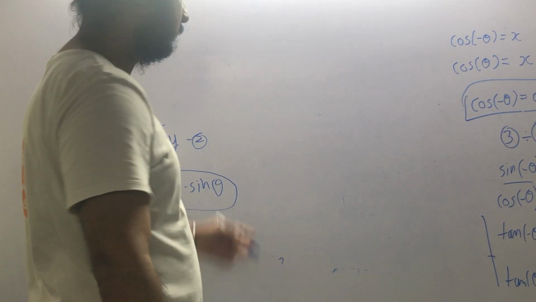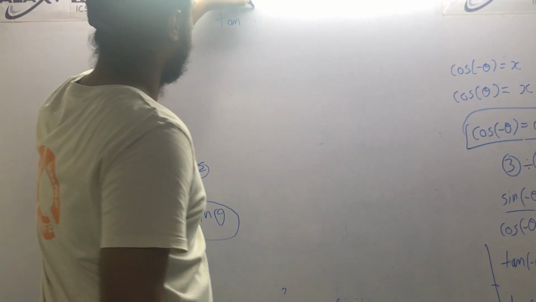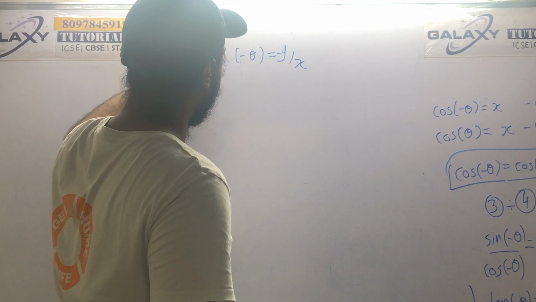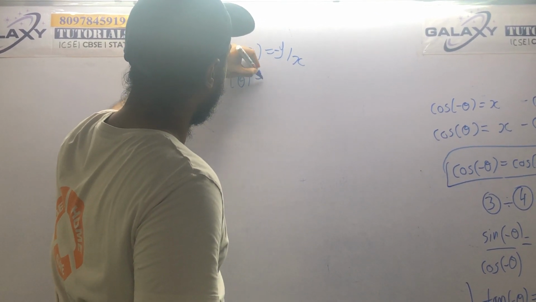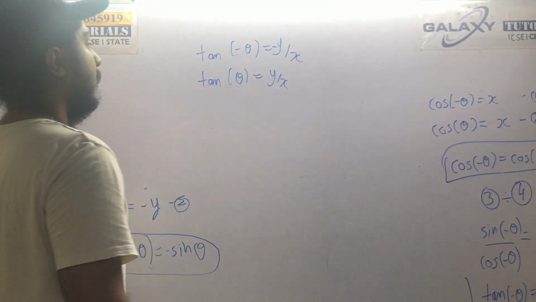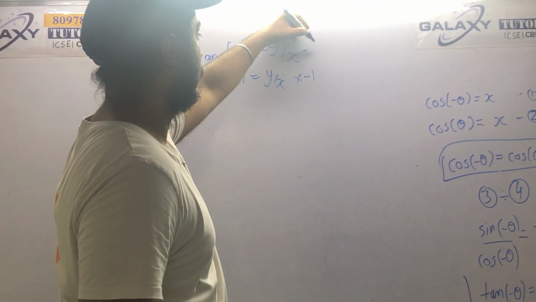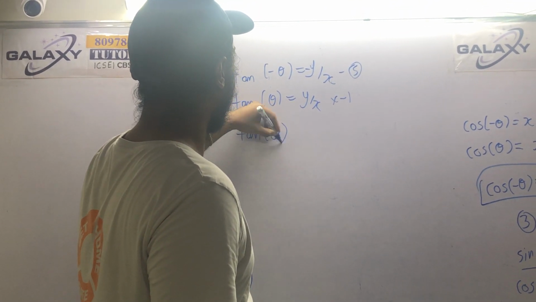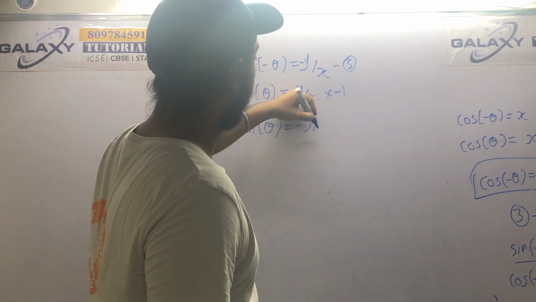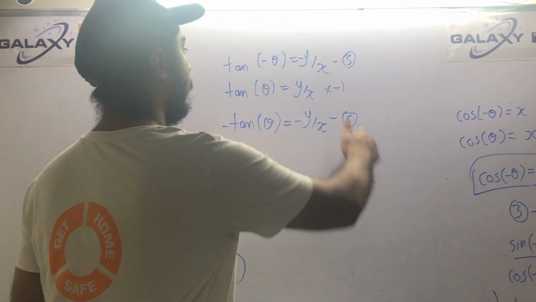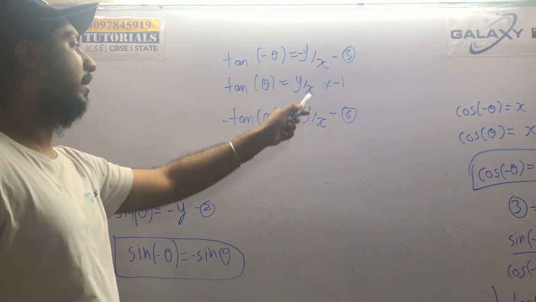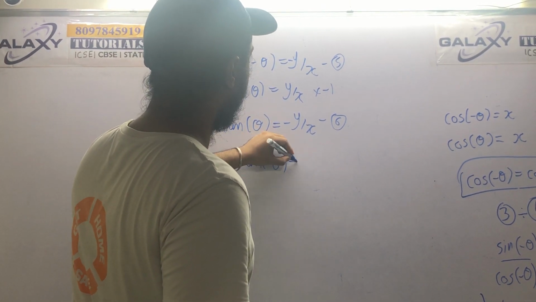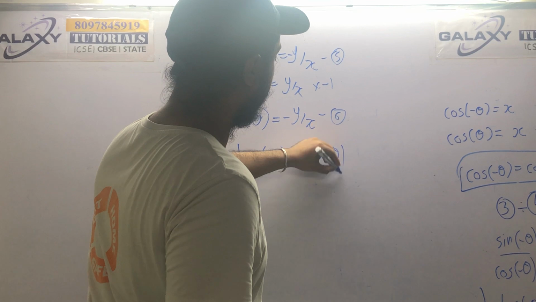I'll write here again. Now I will multiply this equation by minus 1. What will I get? Now look at 5 and 6. The right hand side is the same, minus y by x. So upon comparing, you come to the conclusion that tan of minus theta is equal to minus tan theta.